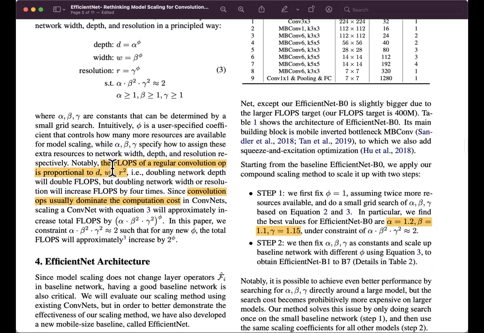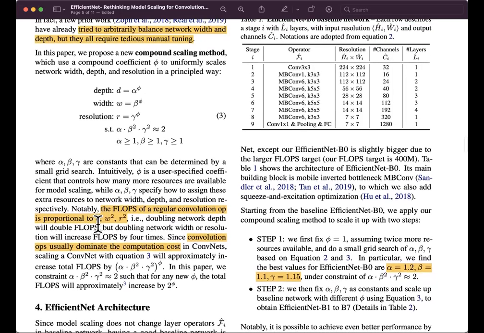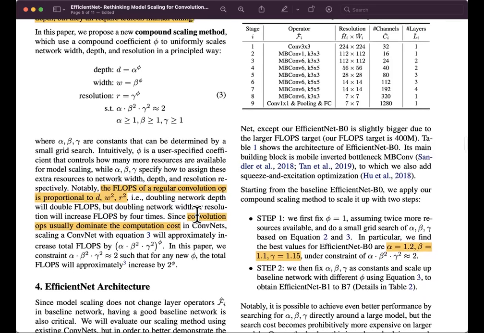So here we have the flops of the regular convolution, which is proportional to d, w squared, and r squared. And convolution operations usually dominate the computation cost in ConvNets.